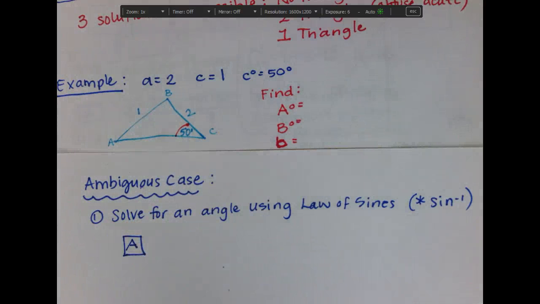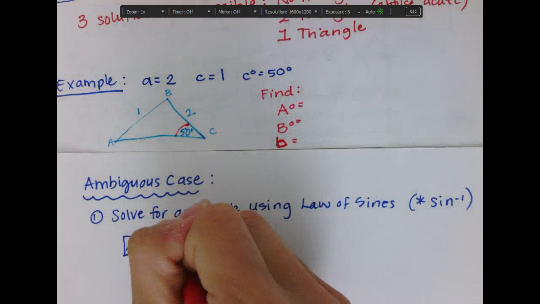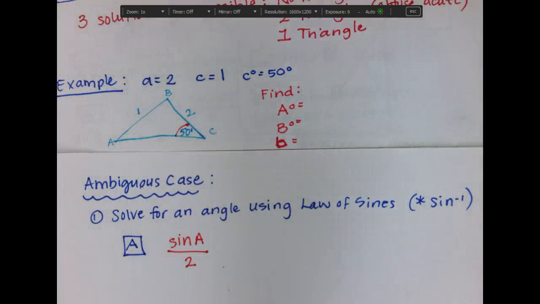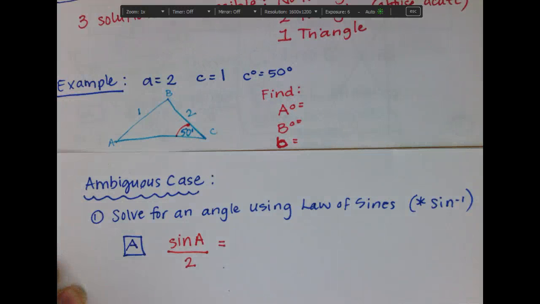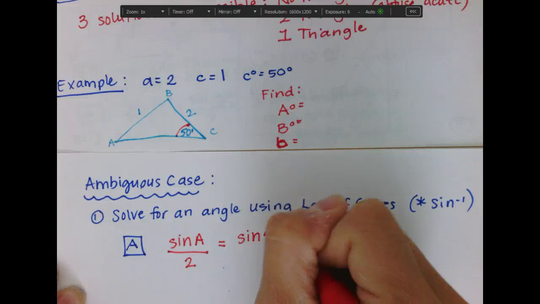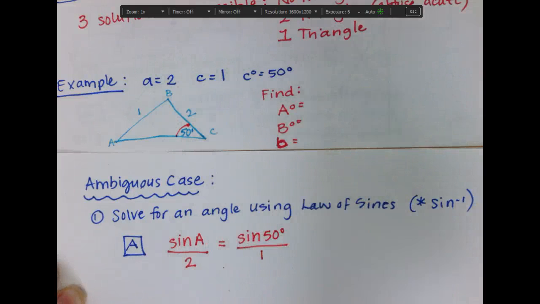So I'm going to set up a ratio involving angle A. I don't know the angle itself, that will be my variable, but I do know its opposite side is 2. I'm going to set it equal to another pair of known angle side ratios. So that'll be the sine of 50 degrees over the opposite side of 1.